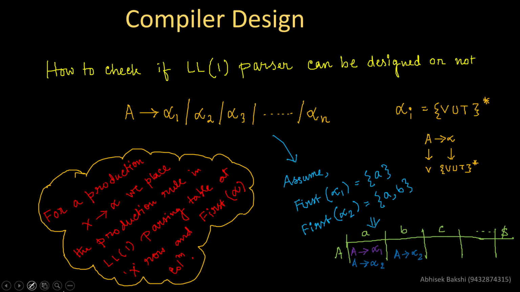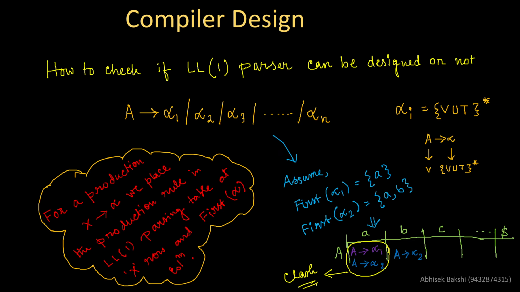This is a situation where we have a clash, because we have multiple entries in a particular cell: two different production rules present in a single cell.